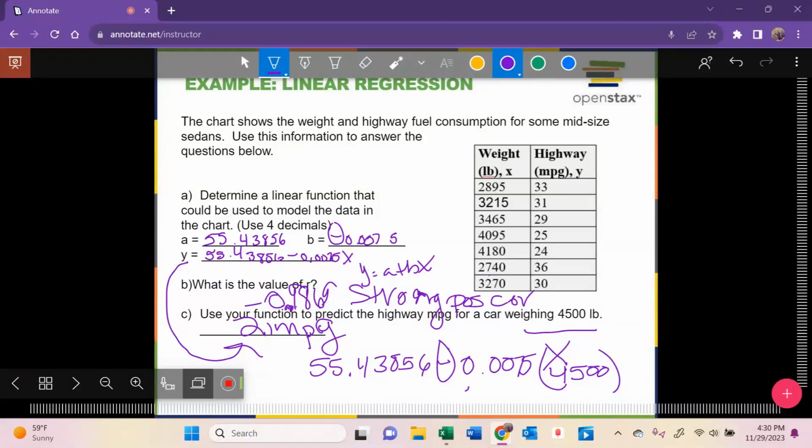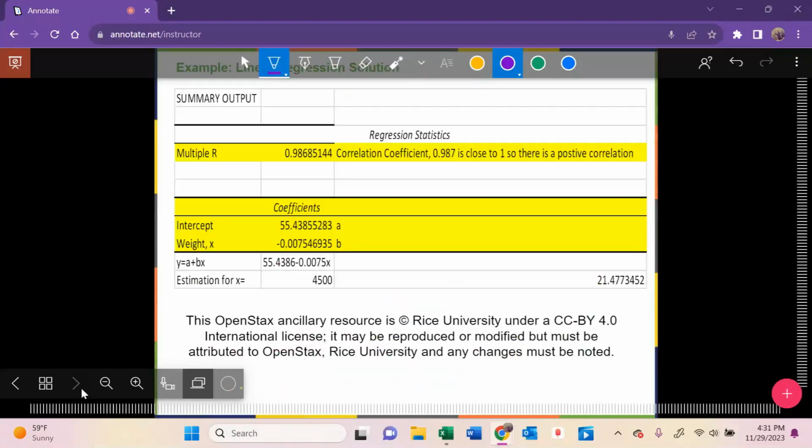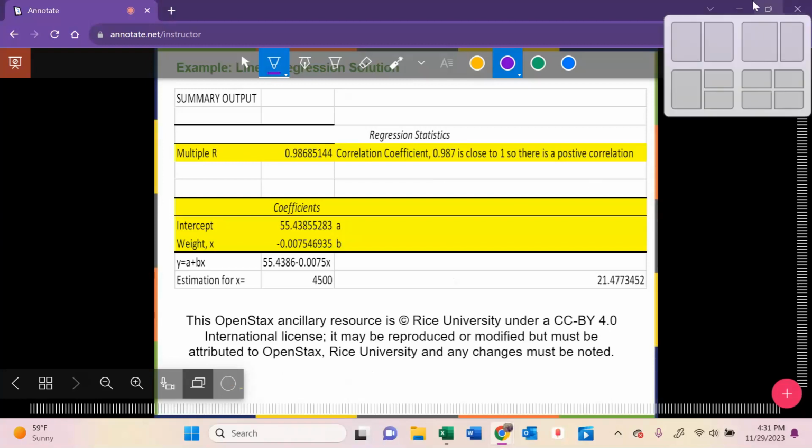So we're going to have a strong negative correlation, because as your X value goes up, your gas mileage goes down. So as the weight of your car gets greater, the gas mileage you get out of that car is less. And so this just shows you again how that is written.